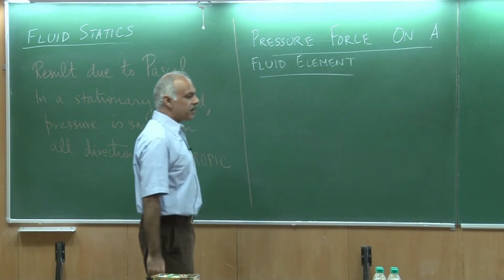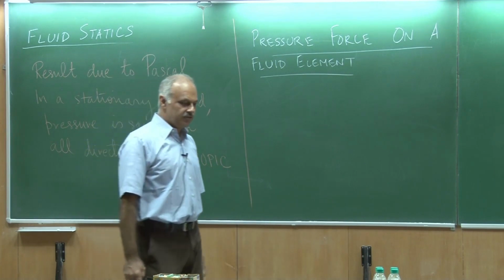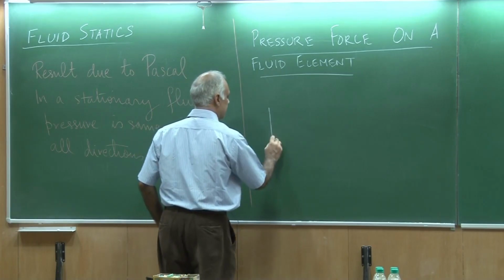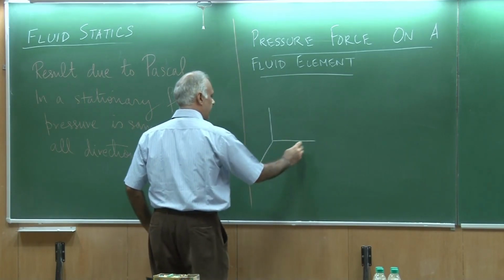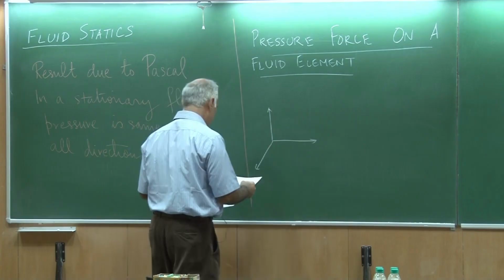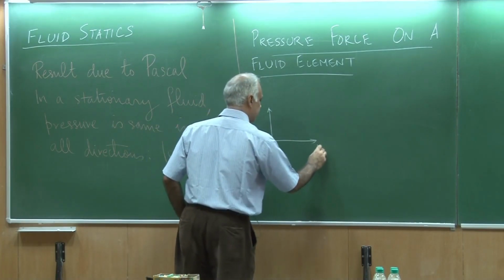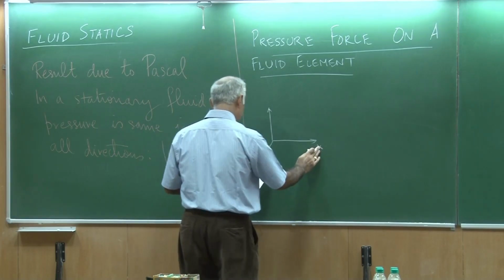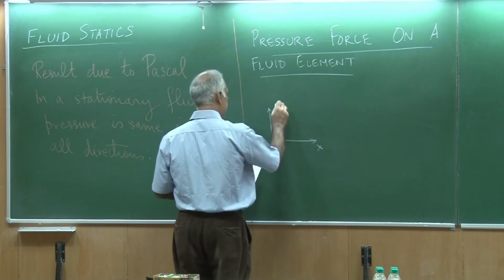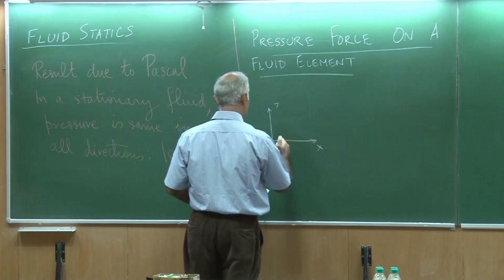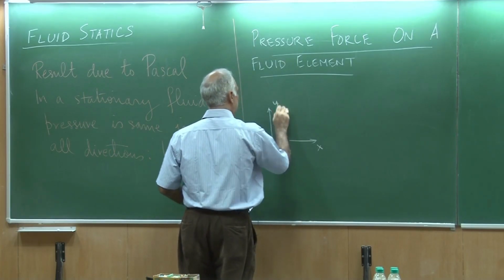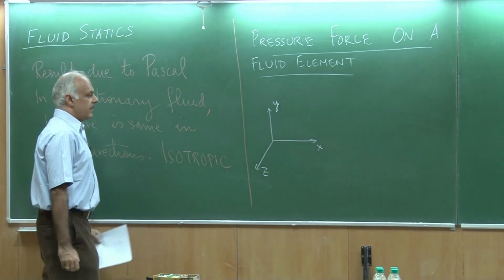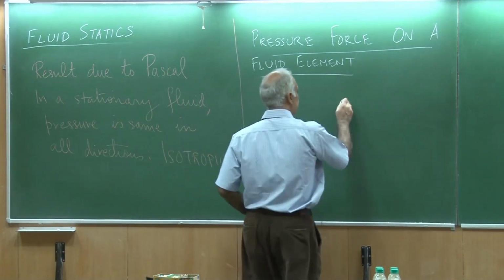So I am going to set up a coordinate system and then consider a fluid element. Again we will take a right hand coordinate system. So let us say this is x, y and z. And let me consider a fluid element.